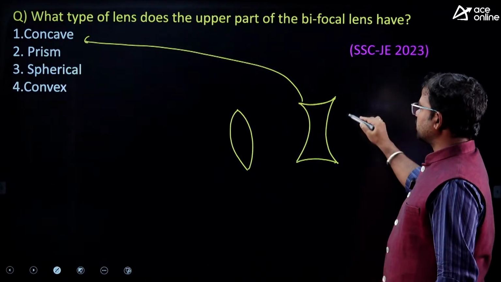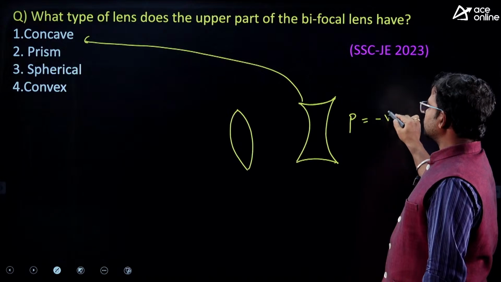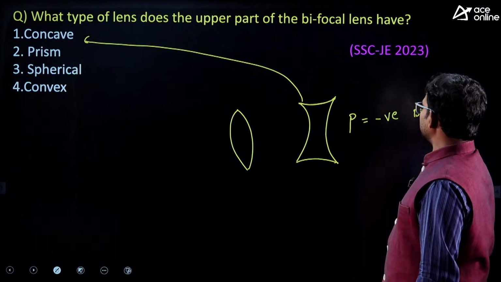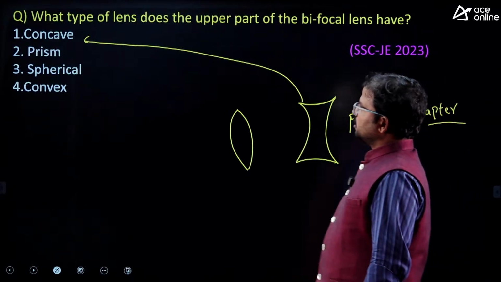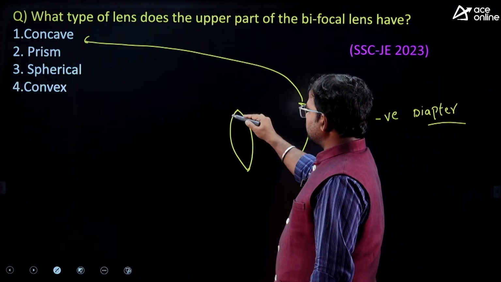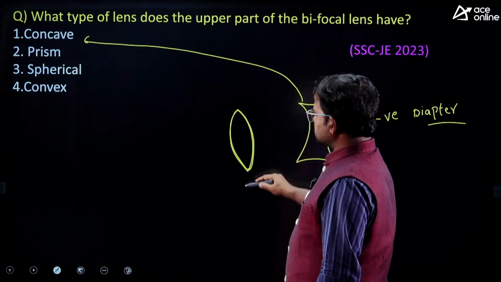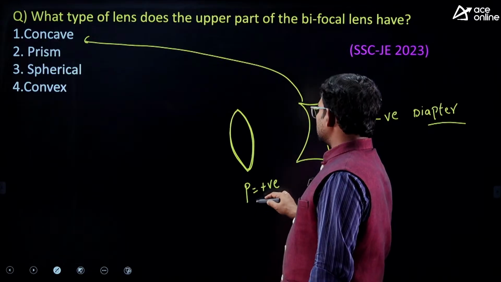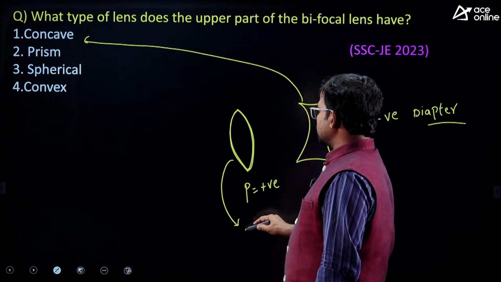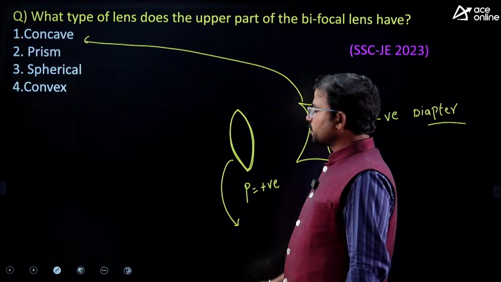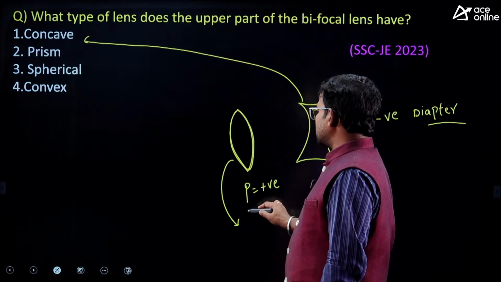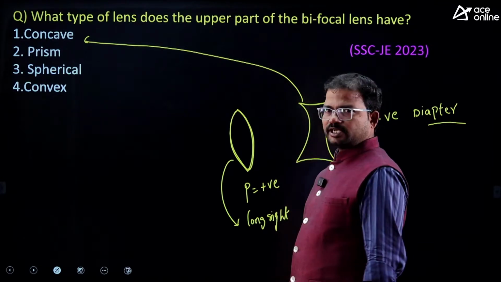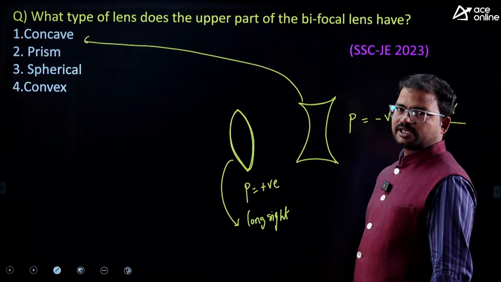If you consider a concave lens, its optical power value is negative, and the units are diopters. What about a convex lens? Here optical power is always positive, and the units are also diopters. Convex lenses are used for hypermetropia, long sight, meaning far objects are visible and near objects are not visible.